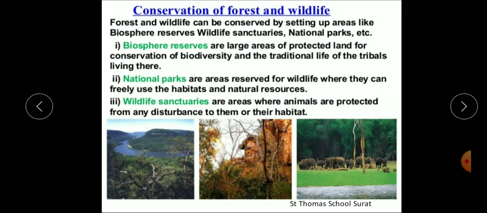Next is conservation of forest and wildlife. Now, as you know, forest and wildlife have to be maintained, preserved, and conserved. The preservation and careful management of plant and animal species is called conservation. What is conservation?